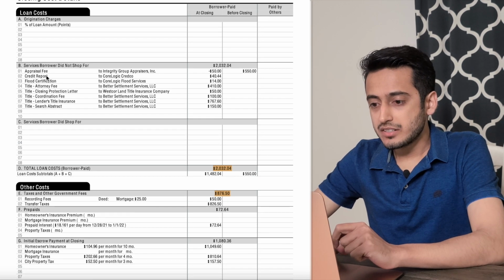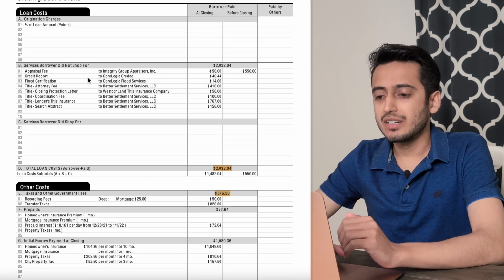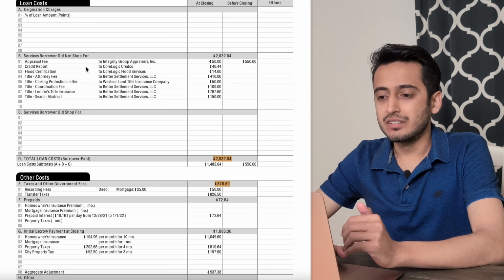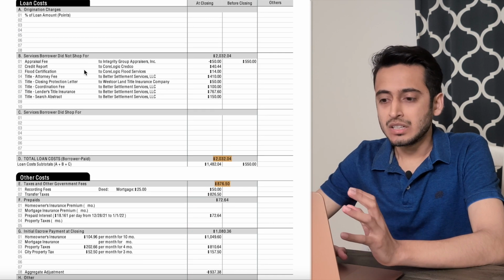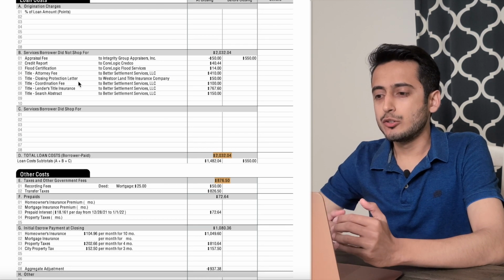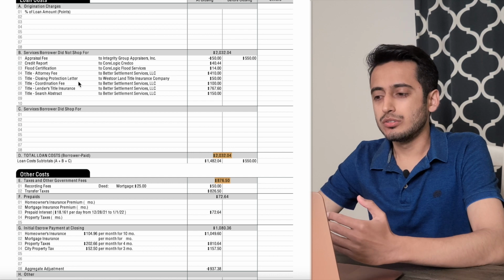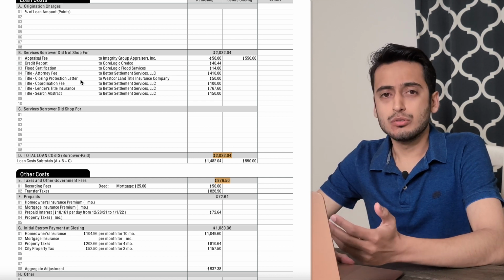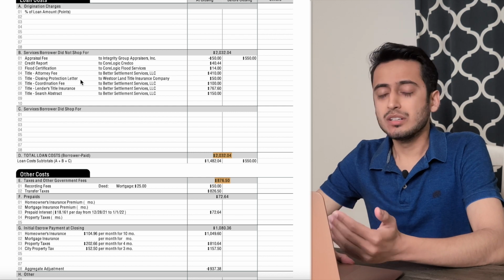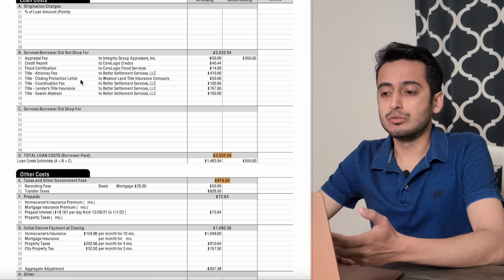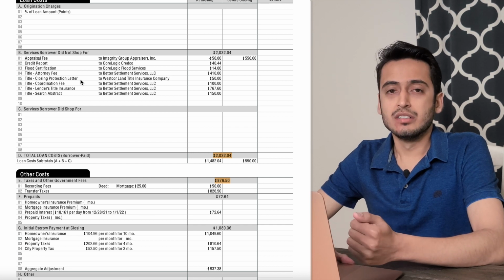Alright, the next section is services borrower did not shop for. These are the third party services like appraisal fee, credit report, flood certification, title, attorney fee and all those fees. So you can go out in the market and get a lower quote on these fees, or if you already have a preferred attorney and a title company which you know is reasonable and value for money, you can go with them. So the lender doesn't force you to do business with these third parties.